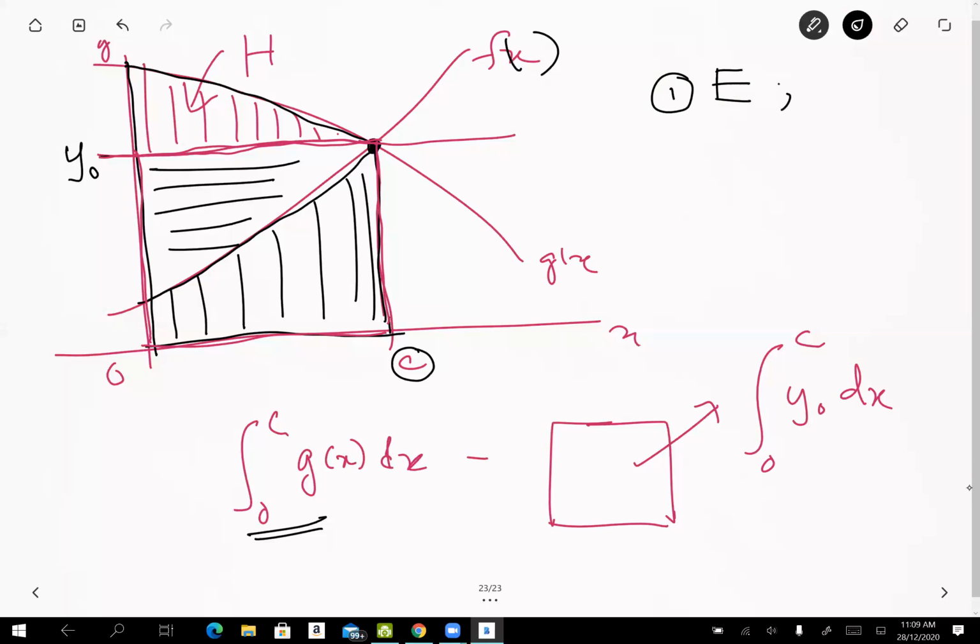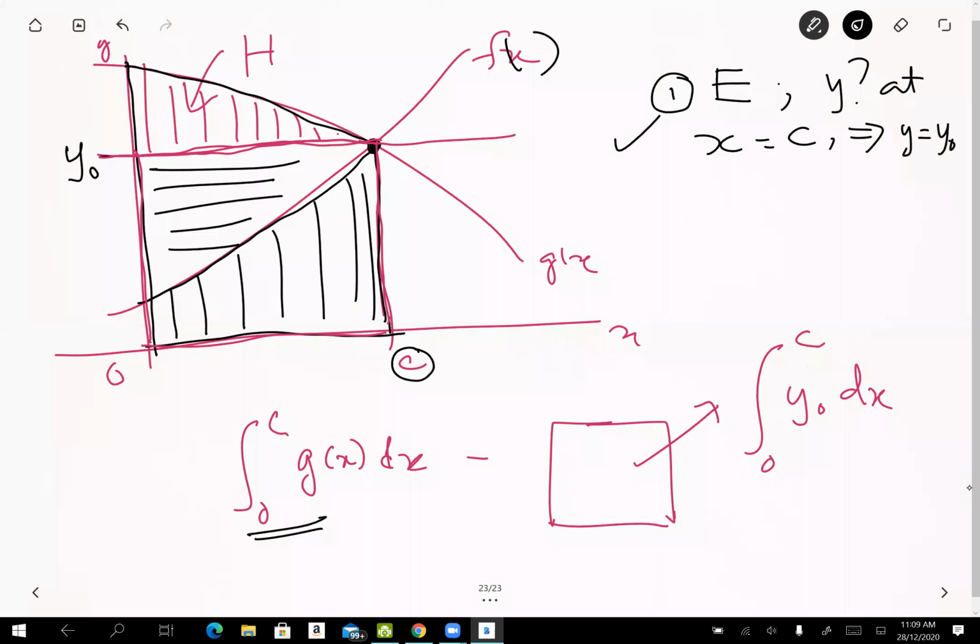In other words, you need the Y at X equal to C. So when X equals C, suppose you put it into either F or G, as our friend said, you will get Y equal to Y0. This one we know.